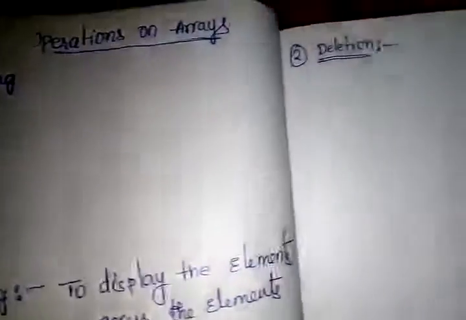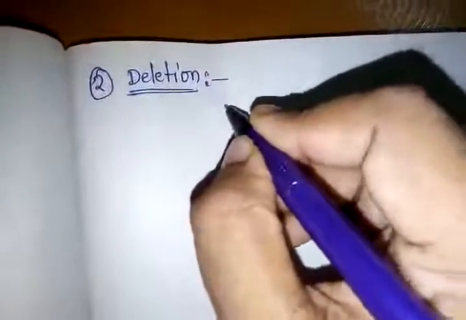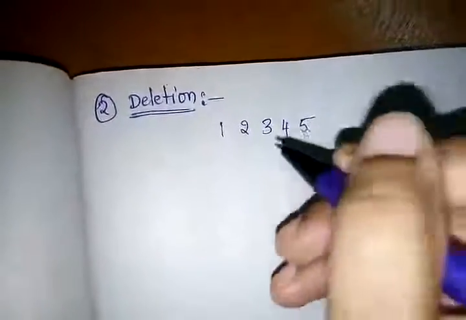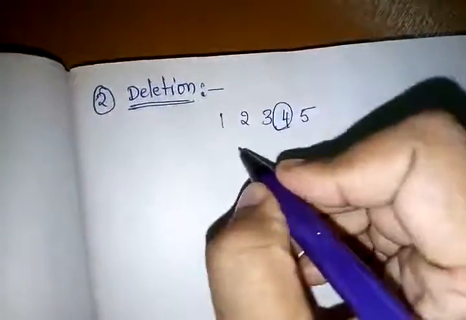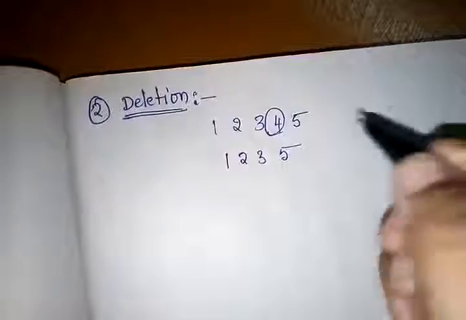So the next operation we have on arrays is deletion. In order to delete an element, let us consider we have some elements like 1 2 3 4 and 5. Now if we want to delete the element 4, then the resulting sequence would become 1 2 3 5.